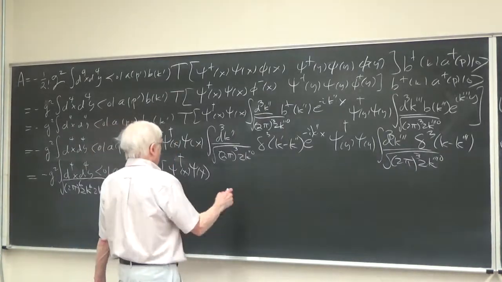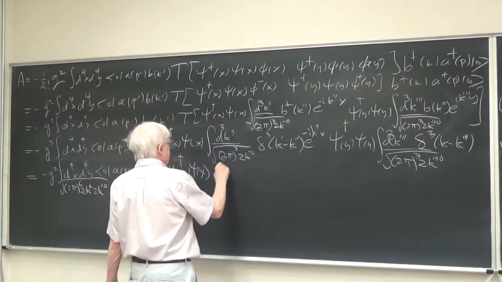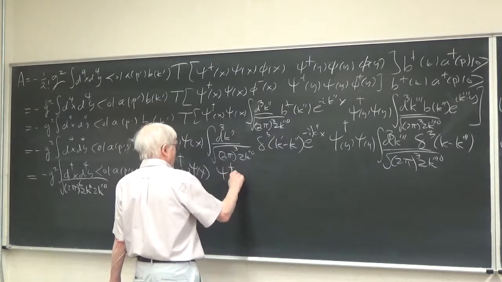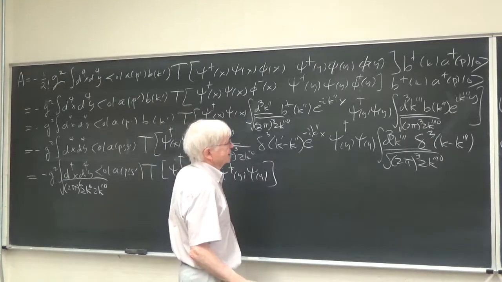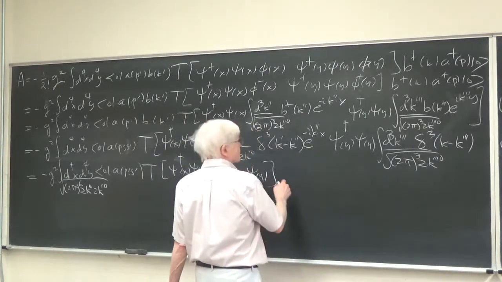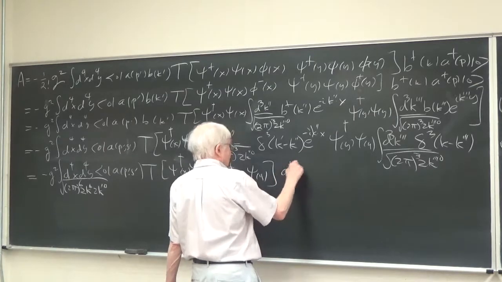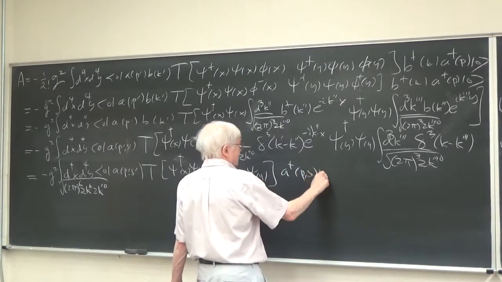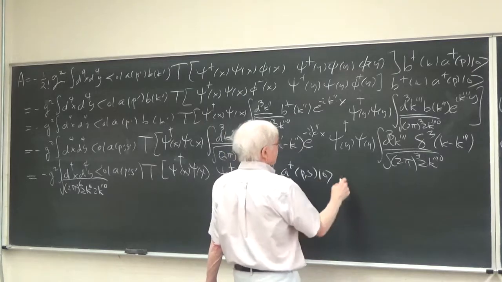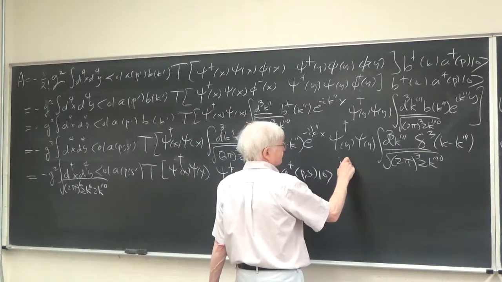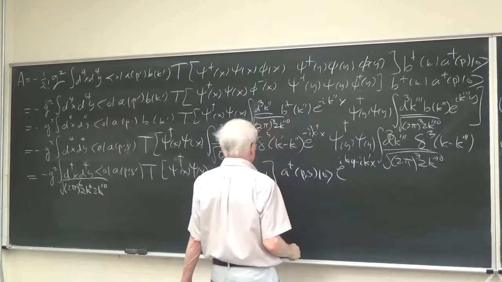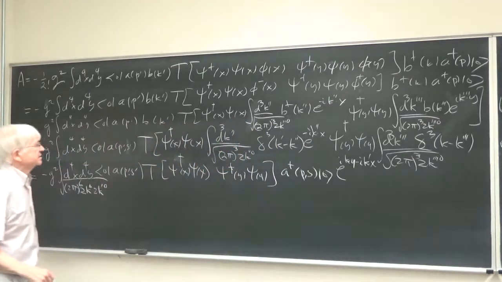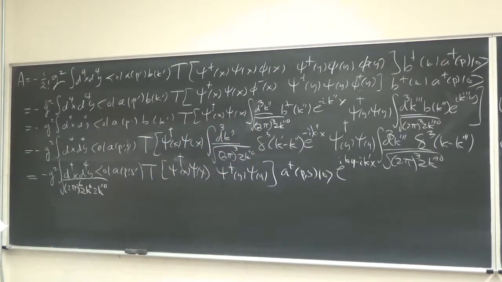And then what's left is psi dagger of y, psi of y, that's the end of the time ordered product. And we have a dagger of p and s, 0. And then the phase factors are e to the i, k y minus i, k prime x. Okay, I think I've got everything there.